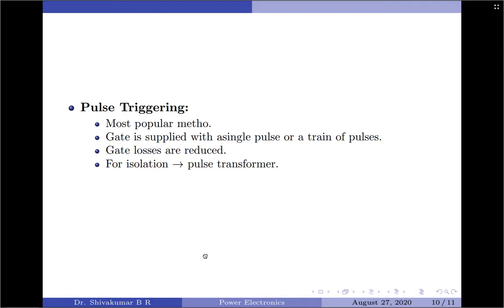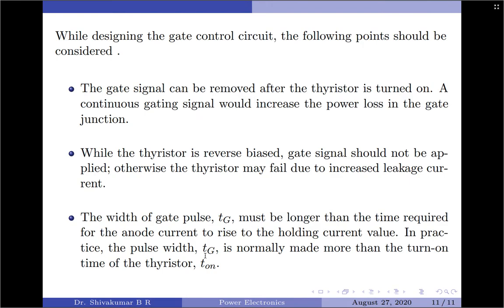Further, for isolating the gate drive from the main supply, a pulse transformer can be of great help here. However, while designing the gate control circuit, the following points must be considered.